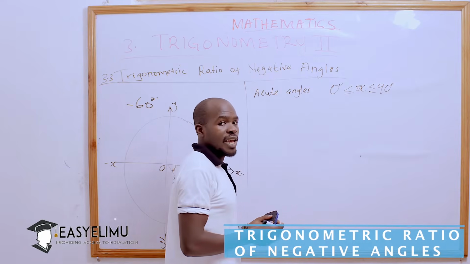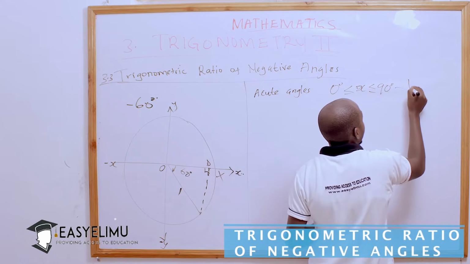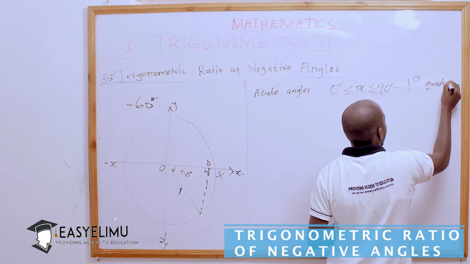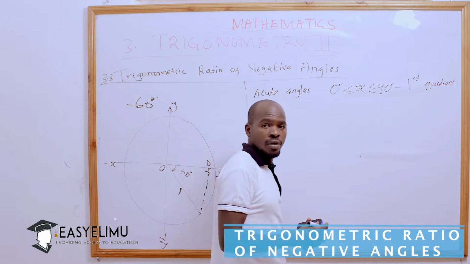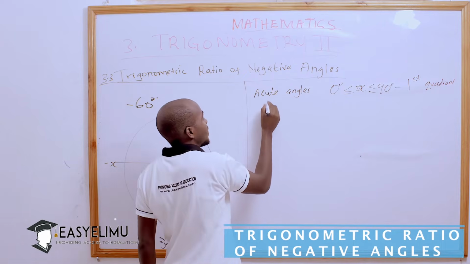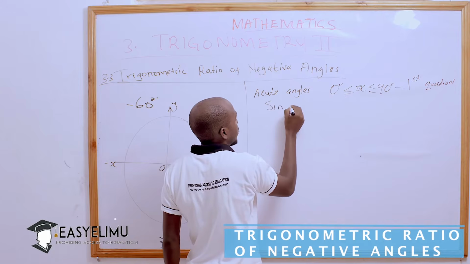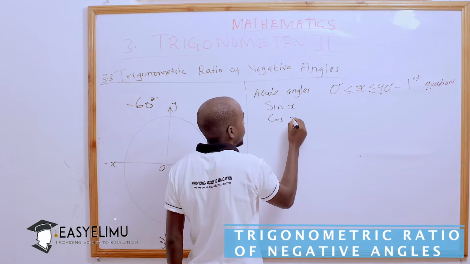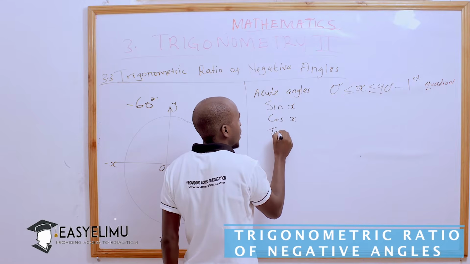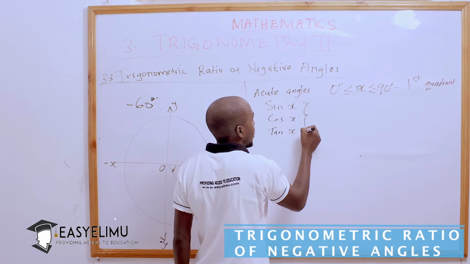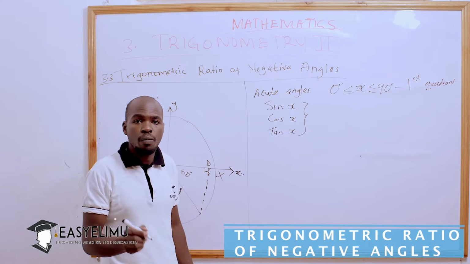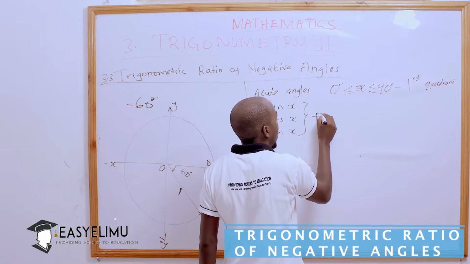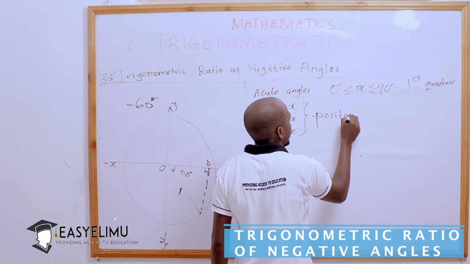All these angles, we say they lie in the first quadrant. And if you find the sine of that angle, the cosine of that angle, and the tangent of that angle, we found out that all of these are giving us a positive answer. So all of them are positive.